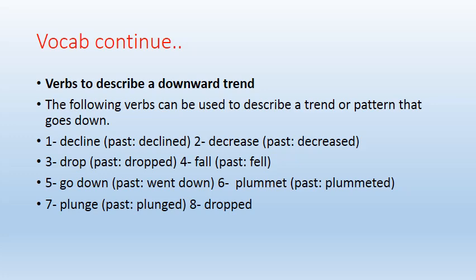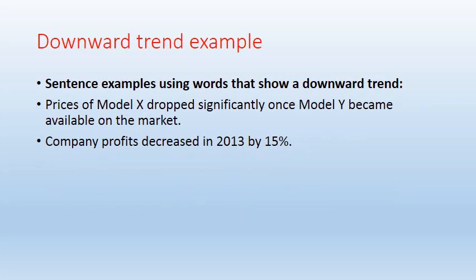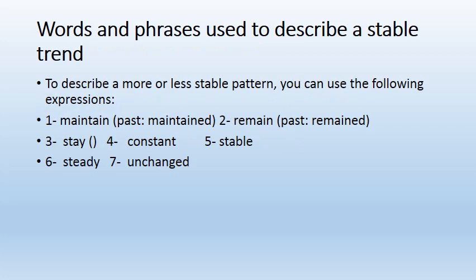Likewise you can practice these words at your home for the downward trend. A downward trend example is: prices of model X dropped significantly once model Y became available in the market. Second example is: company profit decreased in 2013 by 15%.